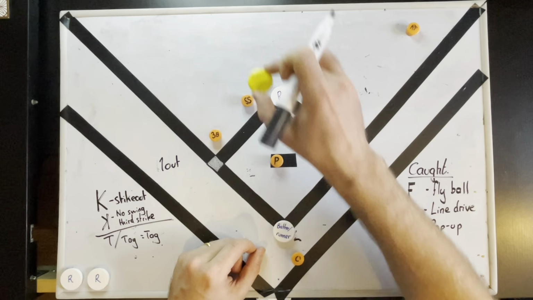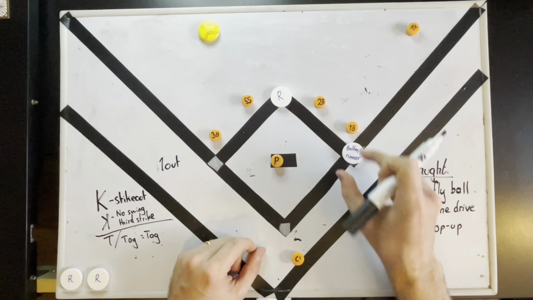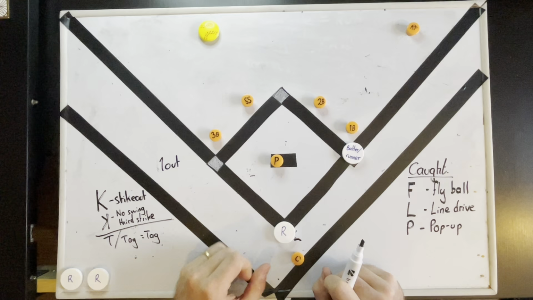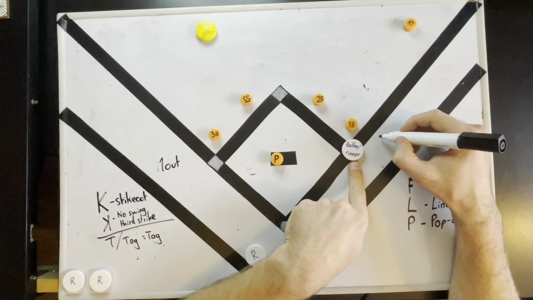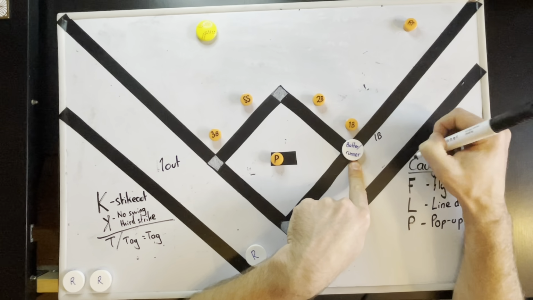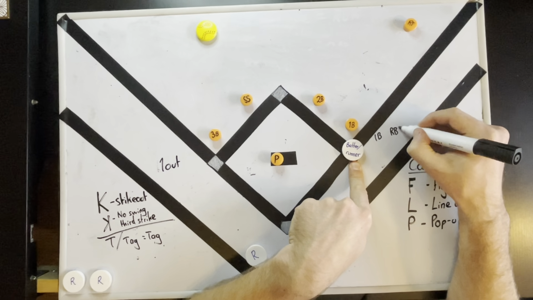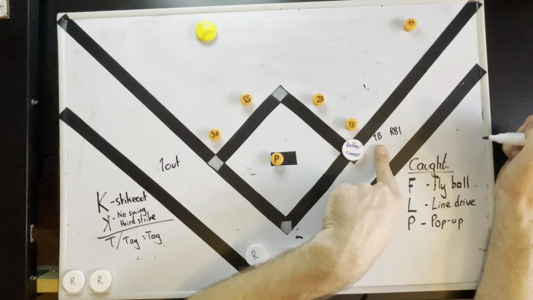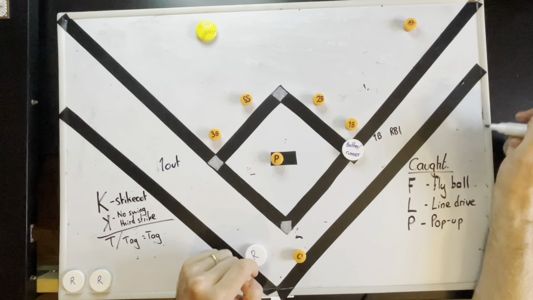Let's assume that you've hit the ball, you've got to first, and this runner has come home. Okay. In this situation, you would be accredited with a first base and an RBI. So in your line stat, you will get a 1B and an RBI.